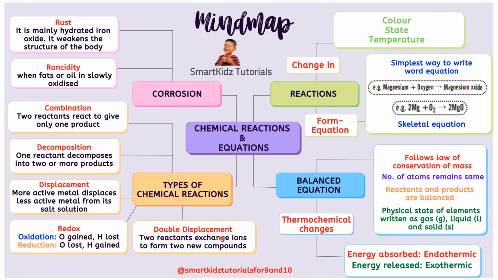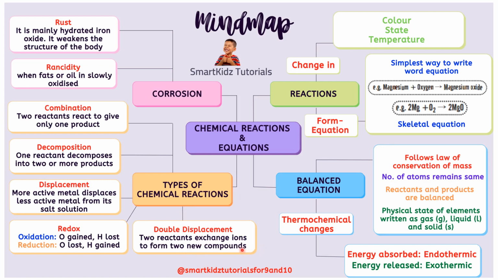Next, we come to a double displacement. In this double displacement, two reactants exchange ions to form two new compounds. Basically, what happens, there is an exchange of partners. We have the positive ions which get exchanged. So they exchange the partners. Okay, so positive ions get replaced of each other, as in the positive ion gets exchanged with the positive ion of the other compound.